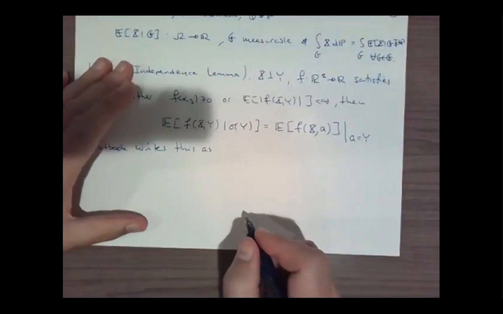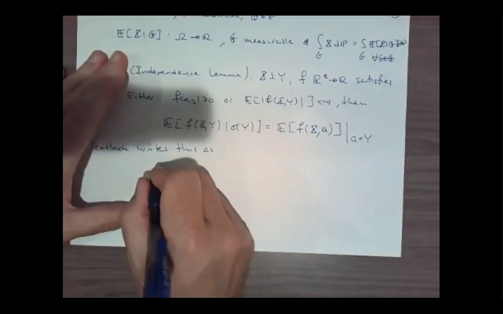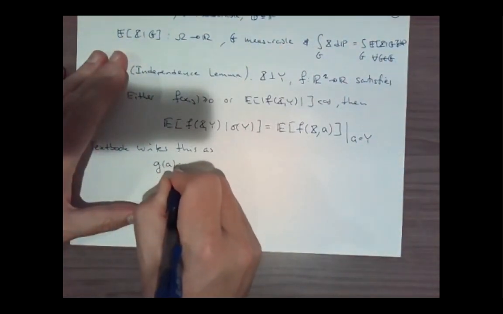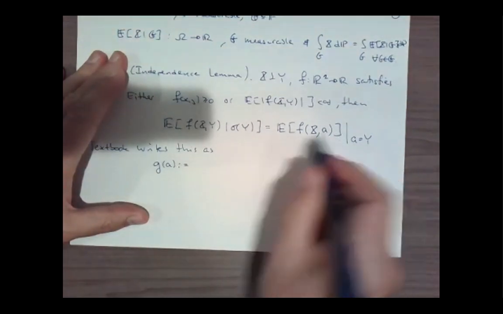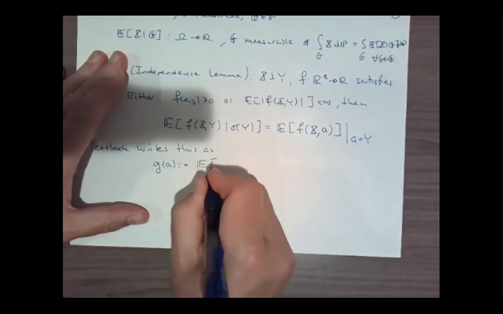The way the textbook writes it is by saying I have a function g of a, which is this expectation over here, with nothing conditional about it.